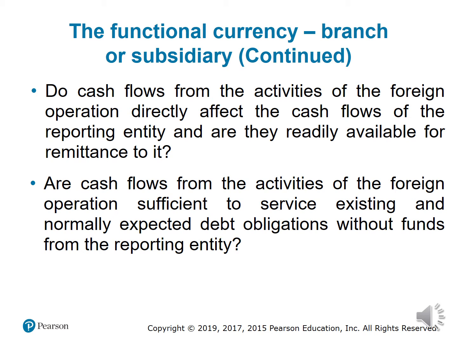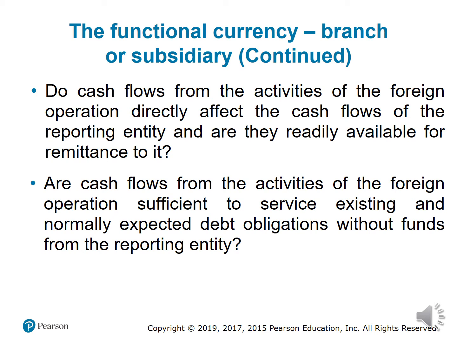Okay, are the cash flows from activities of the foreign operations sufficient to service existing and normally expected debt obligations? If the subsidiary or the branch is independent, or they can discharge their debts or liabilities, if they are sufficient, in that case it can be different.